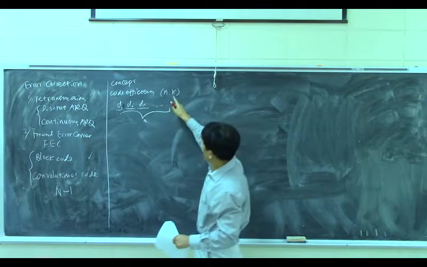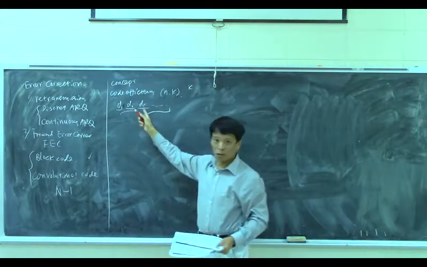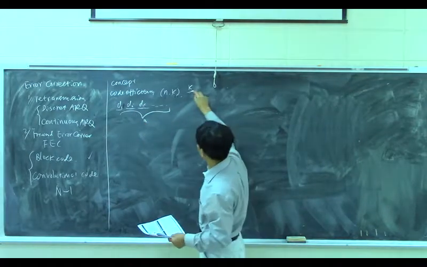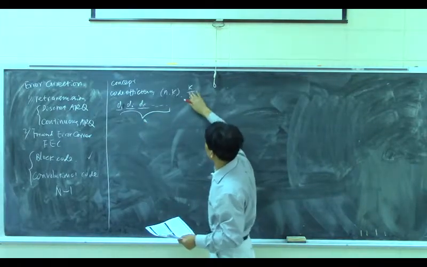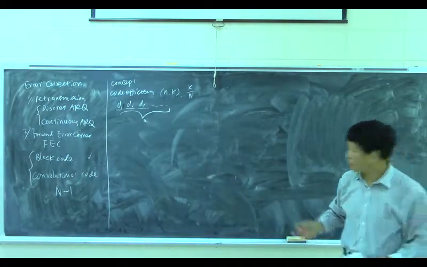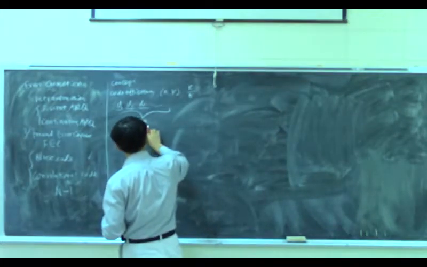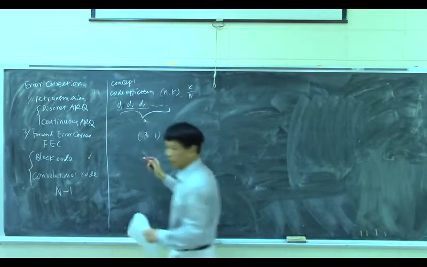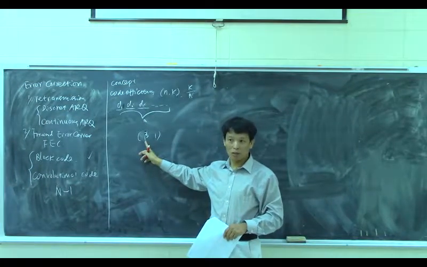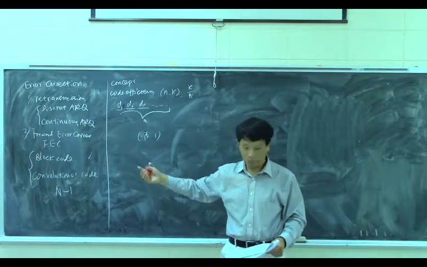The efficiency for this one: those k bits are useful information, and the total transmitted is n, so the efficiency is k over n. That's the code efficiency. For example, if I have a (3,1) code, the code length equals 3 but the useful data is only 1, so the efficiency equals 1 over 3, 33%.